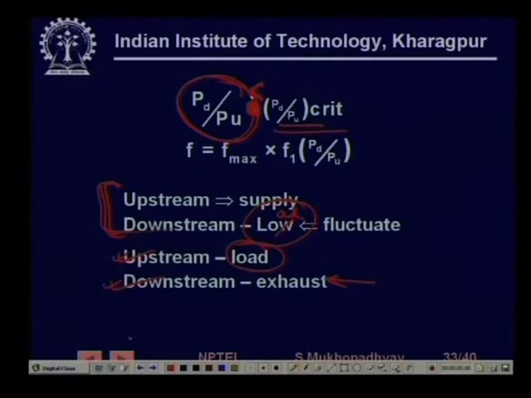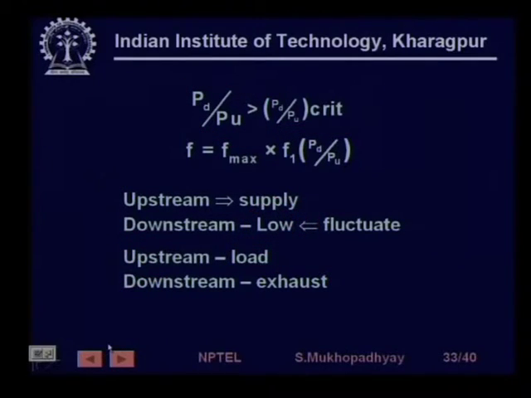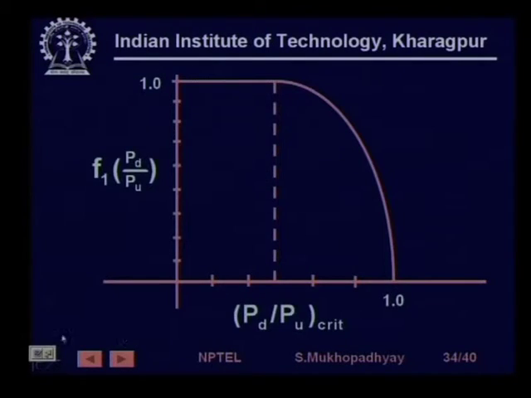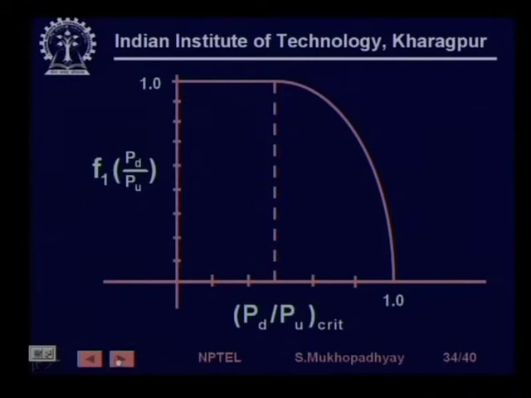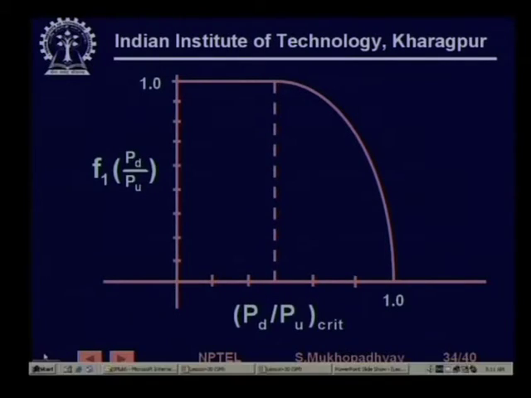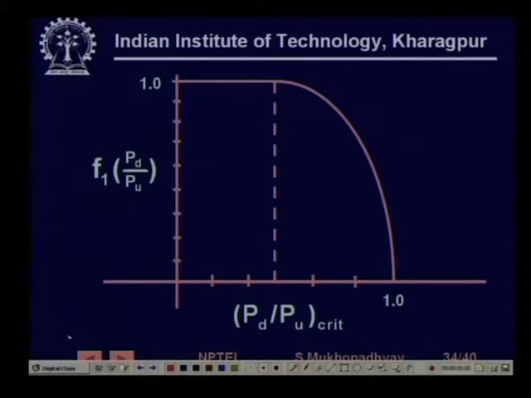So, for example, depending on the Pd by Pu, this function causes fluctuations in the flow rate.